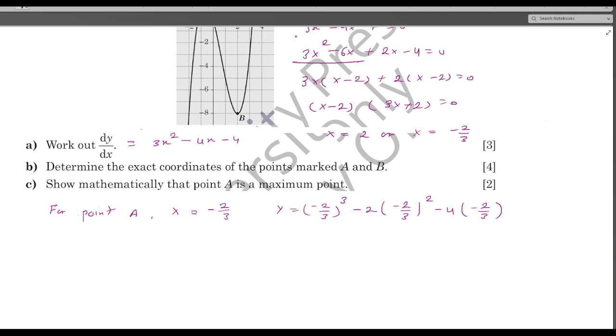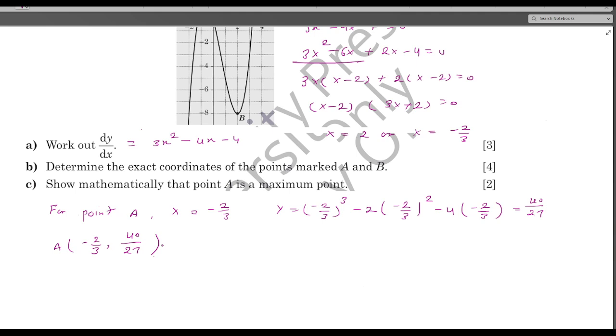I am getting the answer as 1.48. So your point A has coordinates minus 2 by 3 comma 1.48. Now they are asking for exact coordinates, so I will write this in exact form. Instead of 1.48, I will simply write 40 divided by 27.